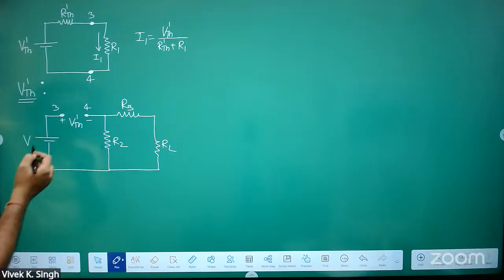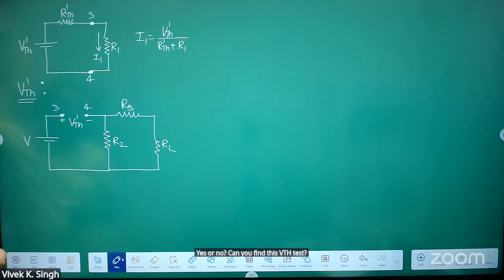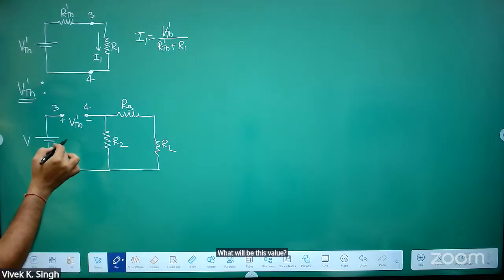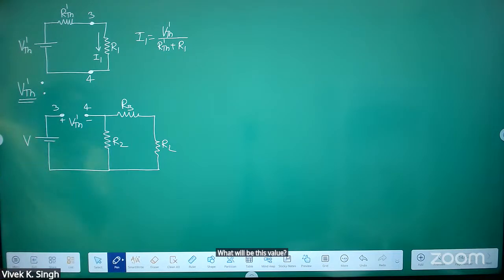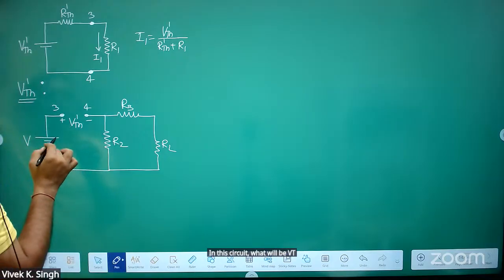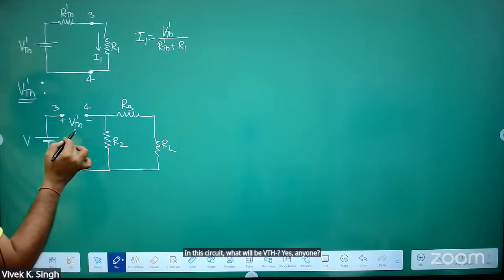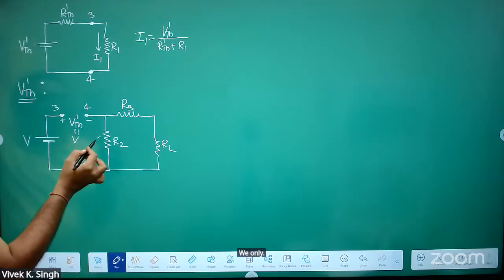Can you find this VTH dash? What will be this value? In this circuit, what will be VTH dash? Yes, anyone? Will be V only. Why? Because this will be 0.